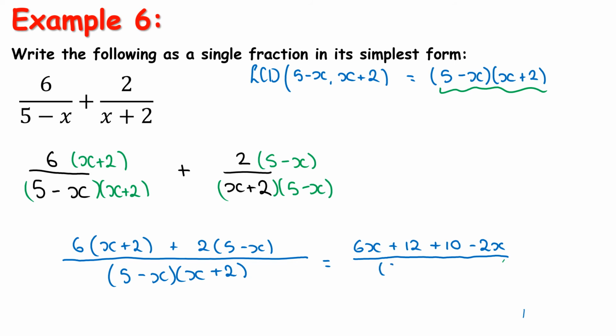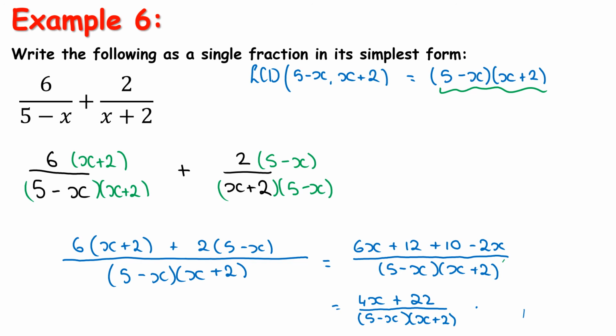You can do that to the side. I'm going to just leave it for now, and I'm going to simplify the top. And I get 4x plus 22 all over 5 minus x times x plus 2.